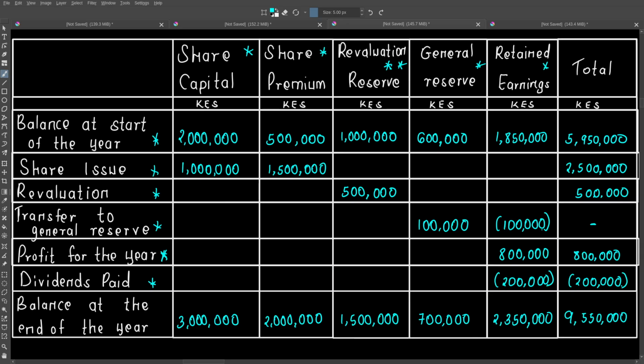On the balance sheet, we are looking at the balances as at a particular period, but what the statement of changes in equity does is it represents the balances at the beginning, the movement during the period, and then you will be able to get the balances at the end of the period. Okay, so that is basically how we prepare the statement of changes in equity.